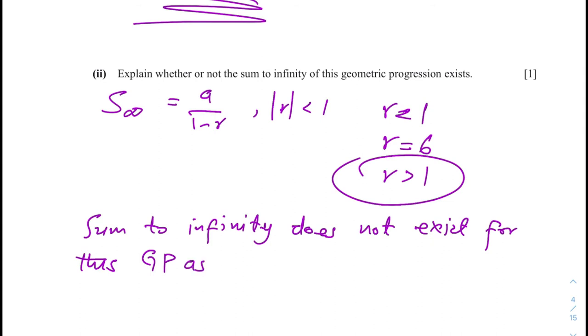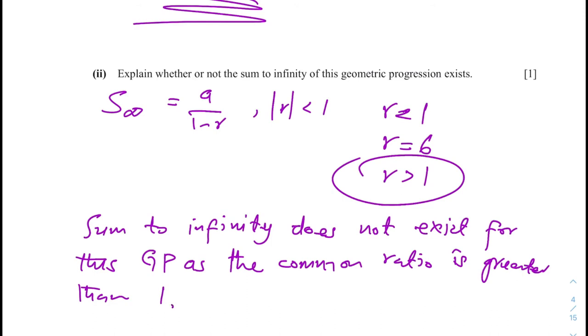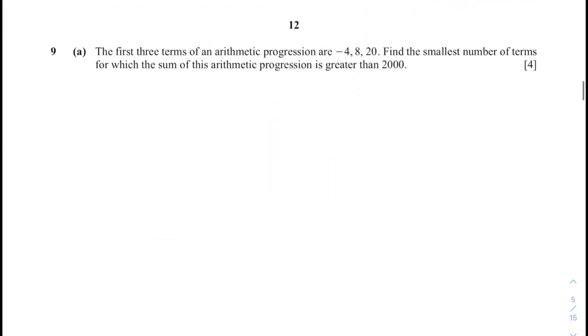Why? Because the common ratio is greater than 1. You are done. Because you got a common ratio of 6 instead of something that's less than 1. Therefore, it doesn't exist, for 1 mark.